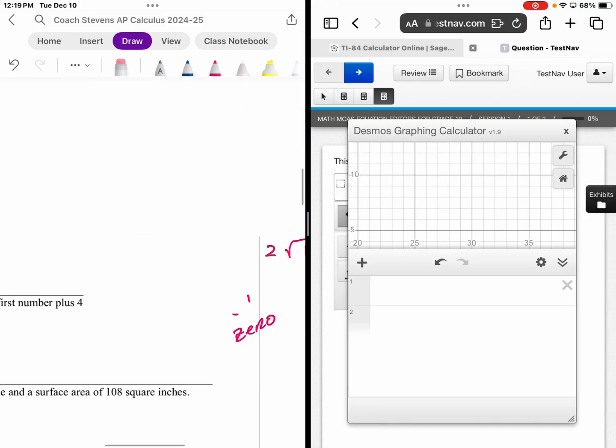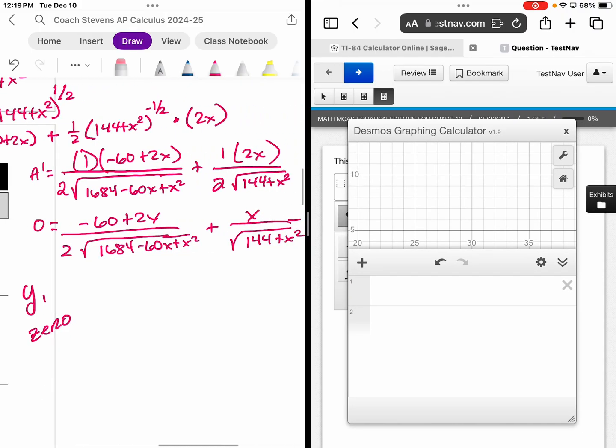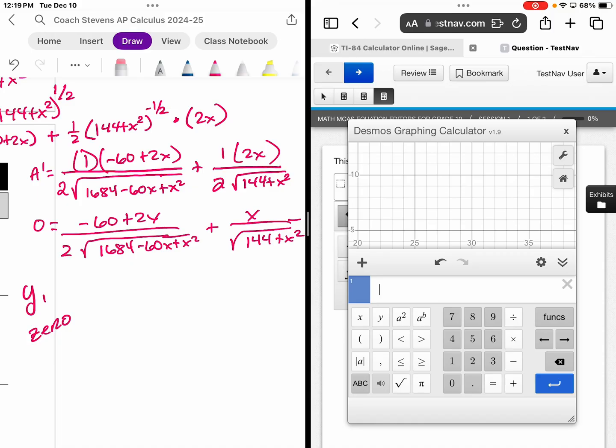All right, so let me see if I can get this typed in. This is going to be ugly on this thing. Quantity numerator would be negative 60x. Oh, no, not 60x. 60 plus 2x. Close it, divide by, on the bottom, 2 square root, inside the square root, 1684 minus 60x plus x squared.